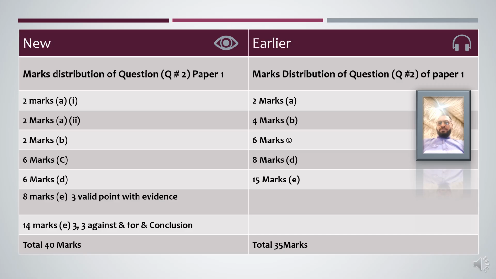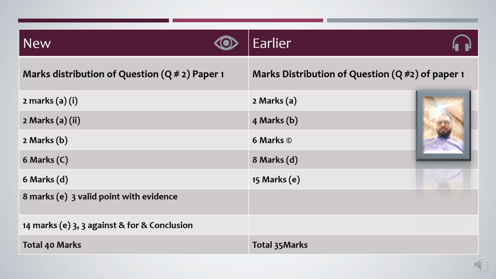Question 2A is a 2 marker, question 2B is a 6 marker, question 2C is a 6 marker, and question 2D is a 6 marker. Question 2E is an 8 marker: 3 valid points with evidence.